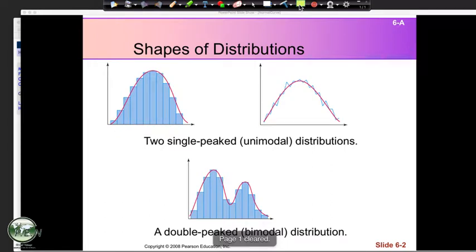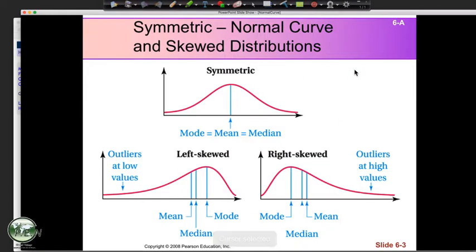Let's clear the window and go to the next one. The other part is this idea of symmetry or being skewed. A normal curve has to be symmetric. If it's not symmetric, it's not normal.